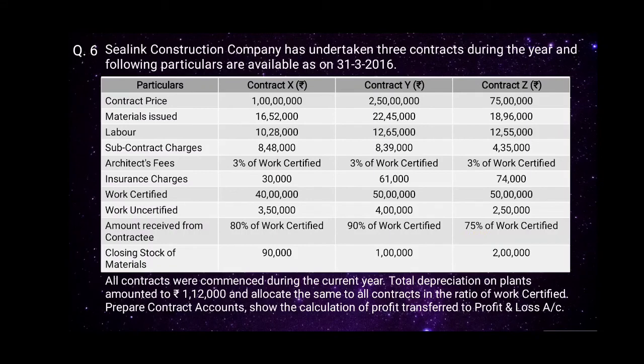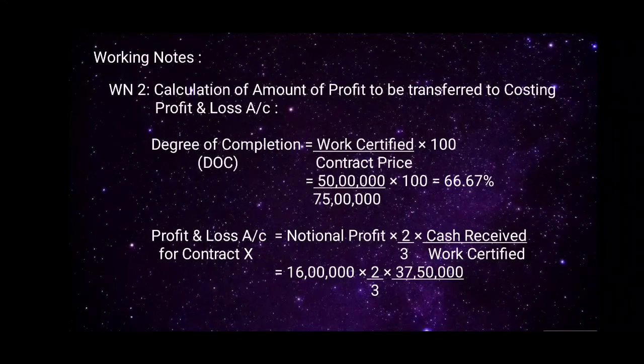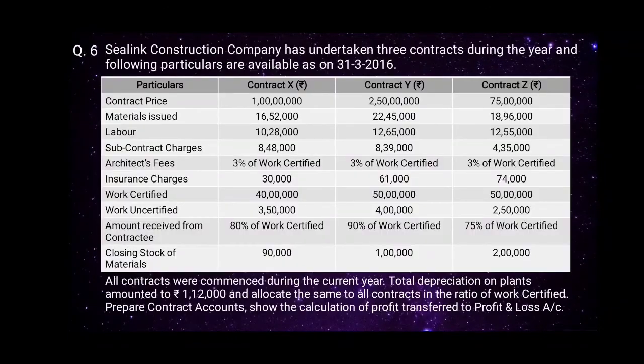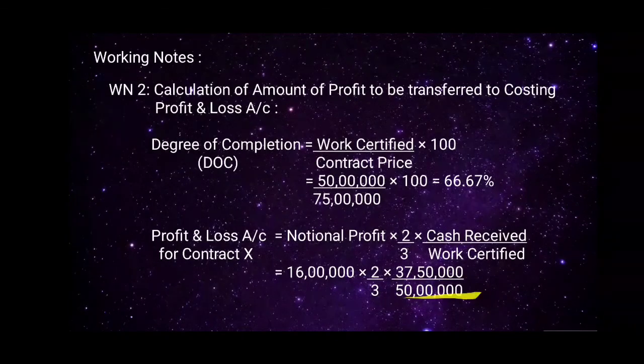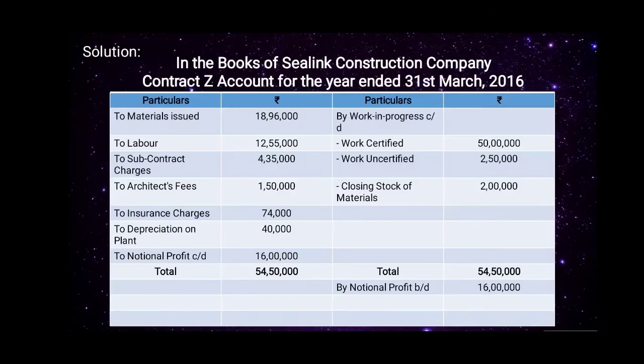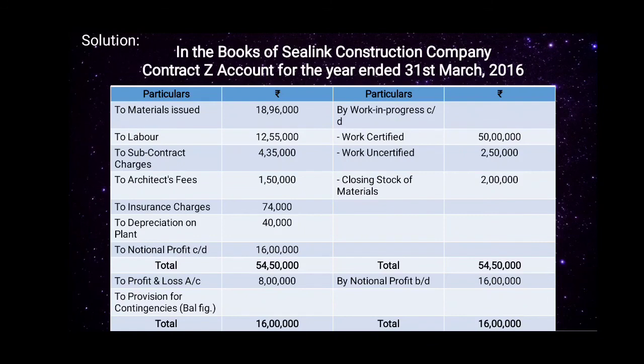So 75% of 50 lakhs, which will be rupees 37 lakhs 50,000, divided by work certified, which is 50 lakhs, which will be equal to rupees 8 lakhs. So we'll record it on the debit side to profit and loss account, amount is 8 lakhs. The total of both the sides is 16 lakhs. The balancing amount that is appearing on the debit side will be termed as provision for contingency. So the amount will be 8 lakhs.